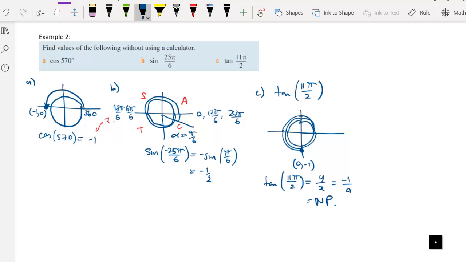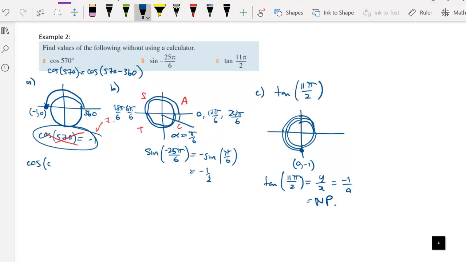You can do things like, well, cos 570 will be equal to cos 570 take 360, and so on, which sadly makes me realize that this one here is actually incorrect because it doesn't finish on the axis.